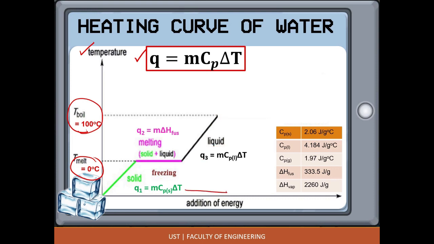If you add more heat, since it already reached its boiling point, the liquid will now start to boil at constant temperature, where both liquid and gas phases are present because phase change is happening. Here, Q again is calculated using the heat of vaporization.